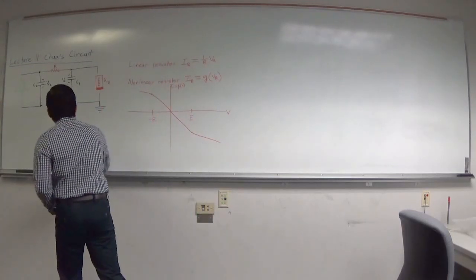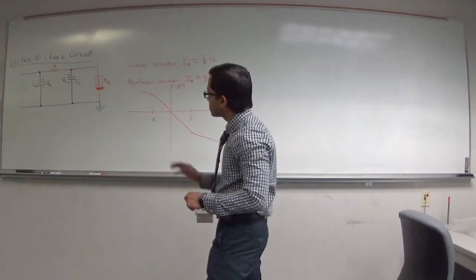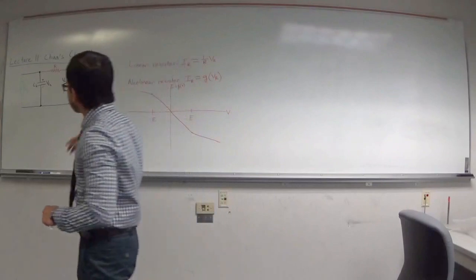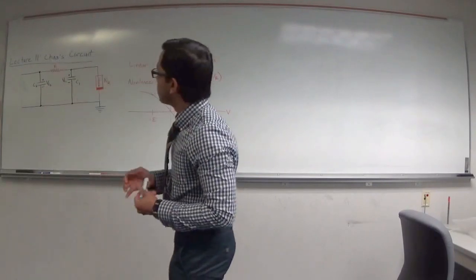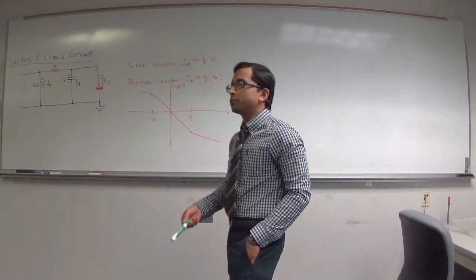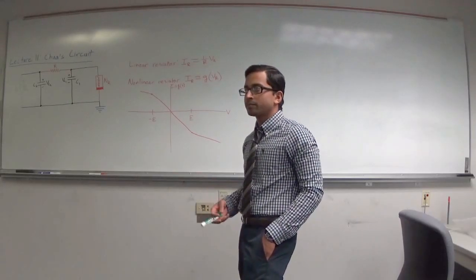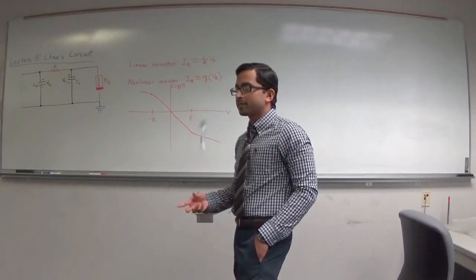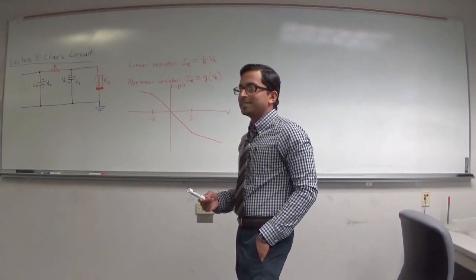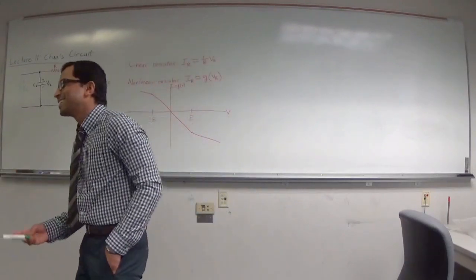So now we have to come up with some equations for this. Obviously we're going to come up with differential equations, but what type of differential equations do we want to come up with? Like what order? I guess second. Not quite. So why second?